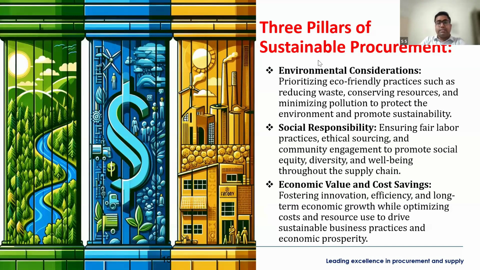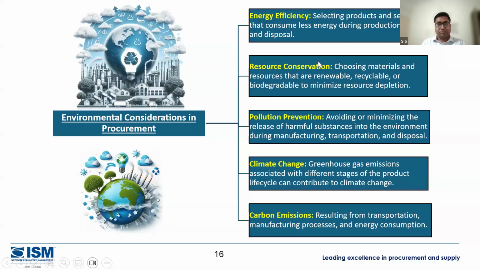Environmental considerations in the supply chain, in procurement, right? Energy efficiency, resource conservation, pollution prevention, climate change, carbon emission. These are the five most important environmental considerations in procurement.